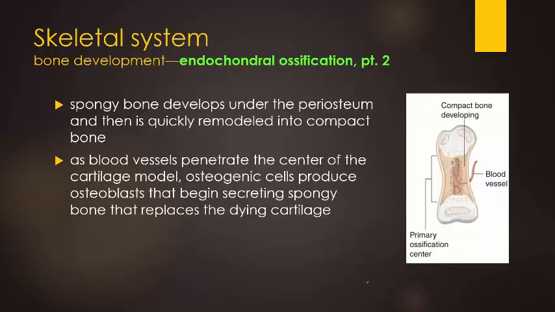So, following the development of the blood vessels, we see that osteoblasts are then delivered to this interior portion. So here underneath the periosteum, osteoblasts form, and as blood vessels penetrate into the center of the model, more osteoblasts form, and we start to see first the development of spongy bone, and then very quickly that spongy bone gets remodeled into compact bone.